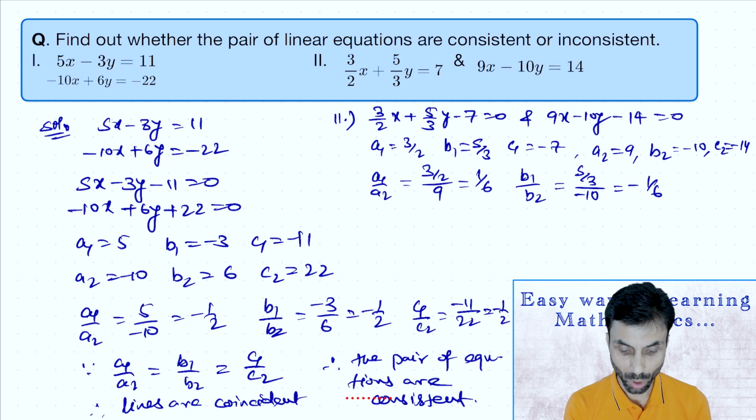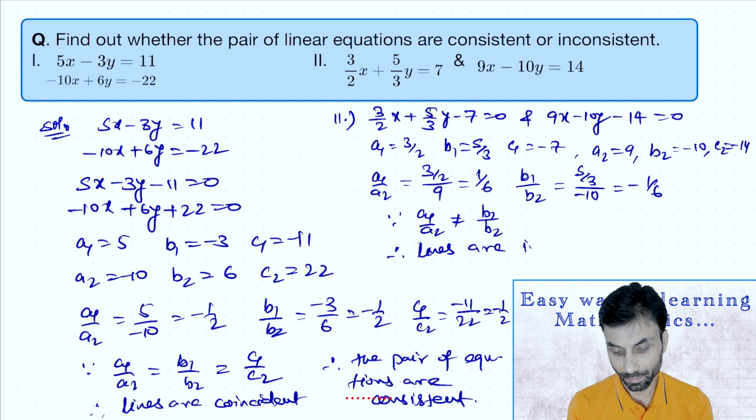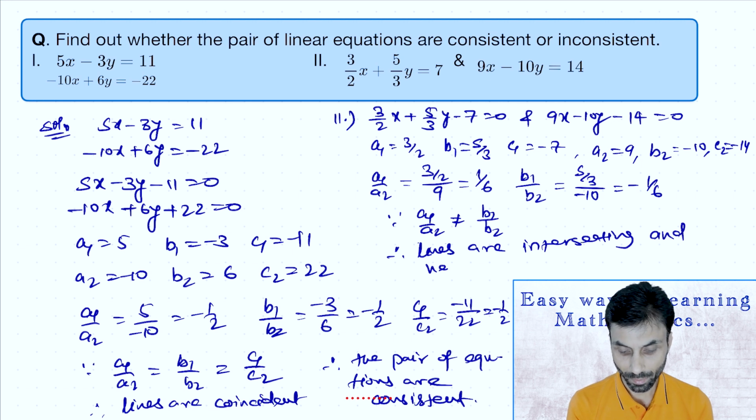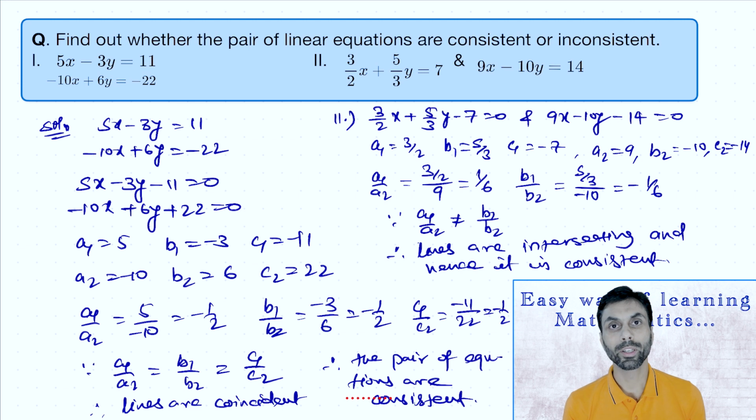And here we can see, since a1 upon a2 is not equal to b1 upon b2, therefore lines are intersecting, and hence it is consistent. Moving to the next question.